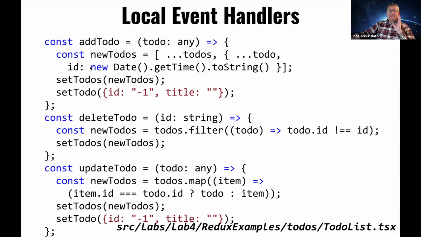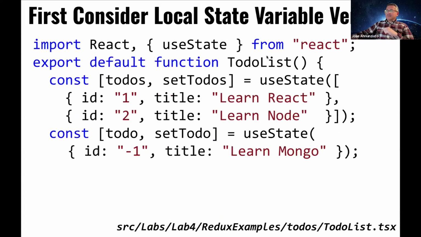Okay, so here we have different operations, different CRUD (create, read, update, delete) operations, modifying the data structure, right? So for instance, to be able to add a to-do, we can pass in an instance of the new to-do, where we compute the new array of to-dos as a copy of the old to-dos plus a brand new to-do that will copy the title of the to-do state variable, whatever the title is.